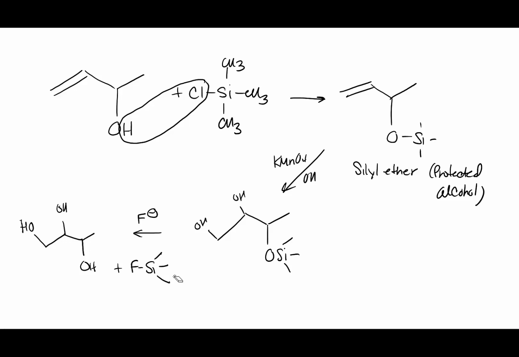The reason is that the silicon-fluorine bond is one of the strongest out there. So if you want to deprotect a silyl ether, you just dump in a little fluoride, fluoride and water, and the silicon will come off. This is what we would call our deprotection step.